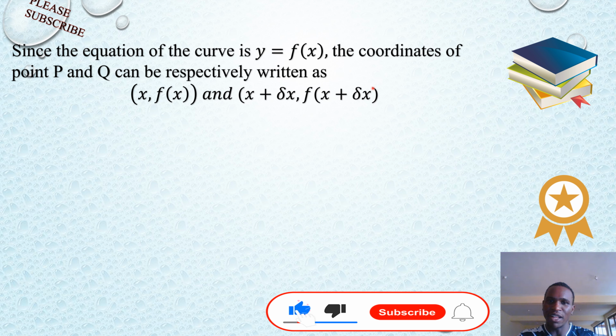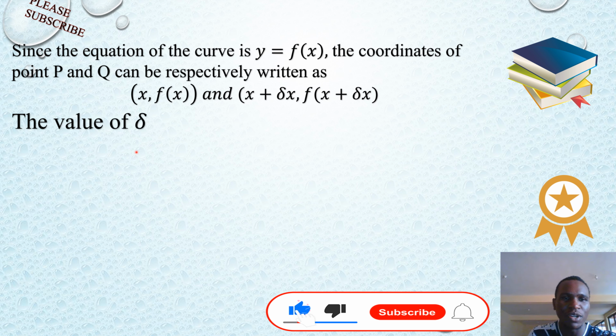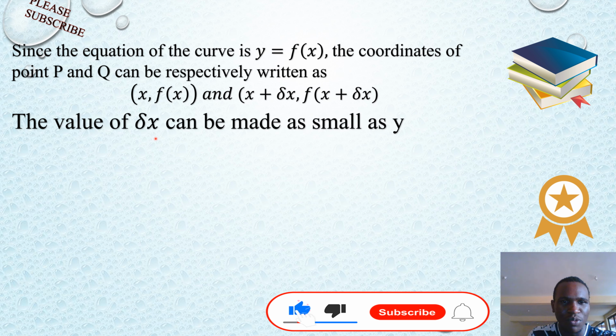This is the y value when x is replaced by x plus delta x. So that's the input. The output is y, denoted by f of that point, the function value at that point, in other words.